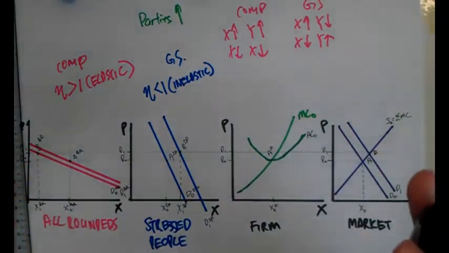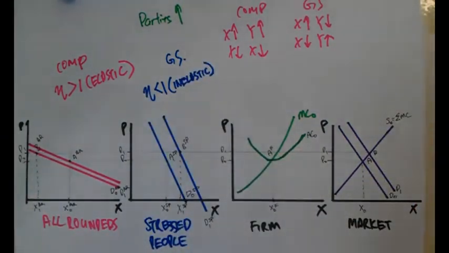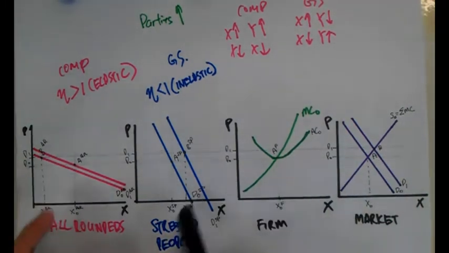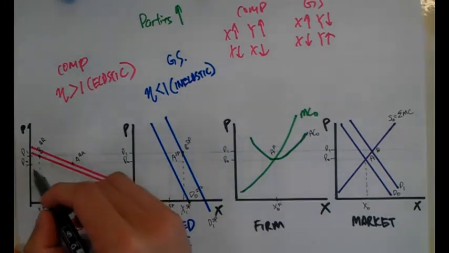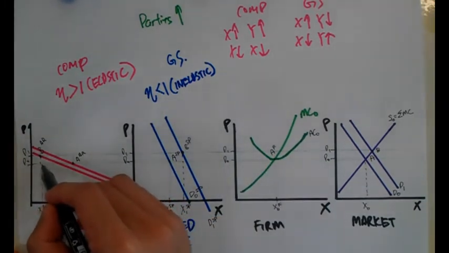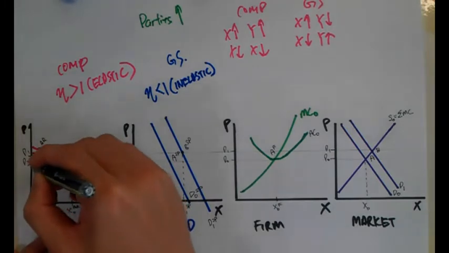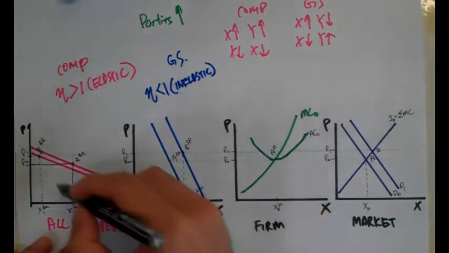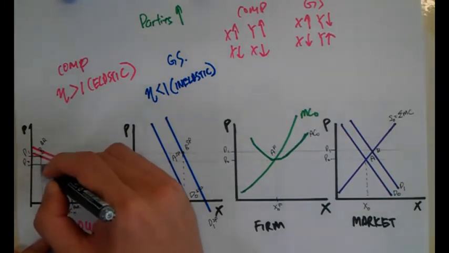So let's talk about the consumer first. They are asking, what is the spending? Now this is actually quite easy to see. Let's take a look at the all-rounders first. Initially their consumption was this box over here. Just let me draw it out for you. Now the spending has changed to here.